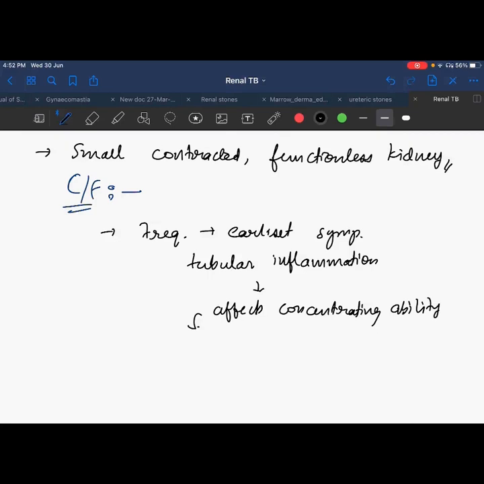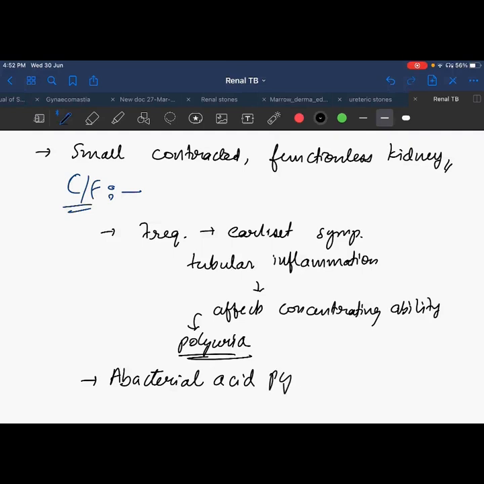This affects the concentrating ability of the kidney. Therefore, it will result in polyuria. Simple. That's why there is increased frequency of micturition.